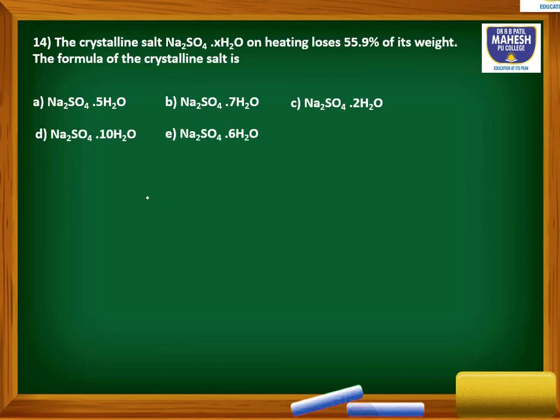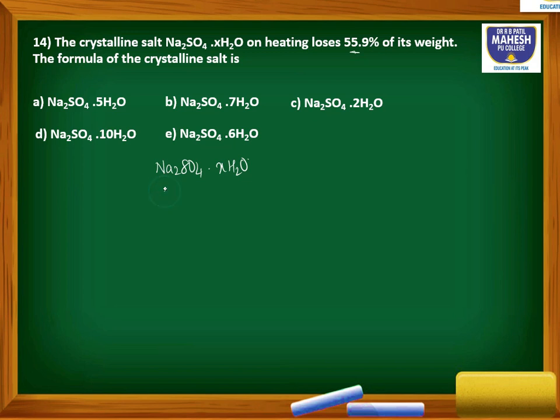Question number 14. The crystalline salt of sodium sulfate XH2O on heating loses 55.9% of its weight. That means it loses water only. Let us find the formula of the crystalline salt. Sodium sulfate XH2O.